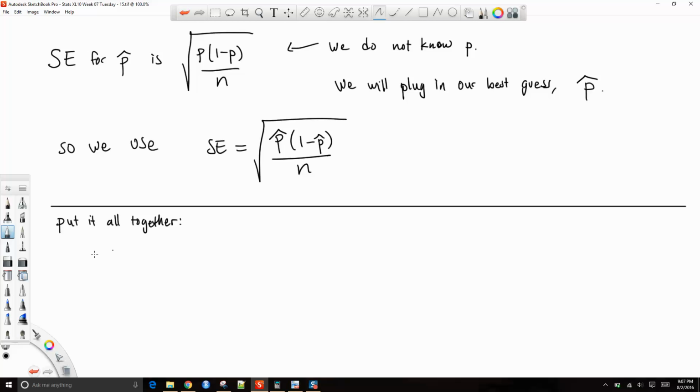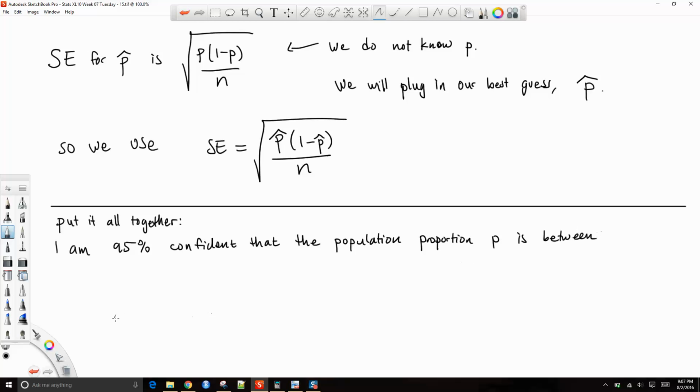So we can make a statement like, I am 95% confident that the population proportion p is between, and what we're going to do is start at p hat and go down basically 1.96 standard errors.